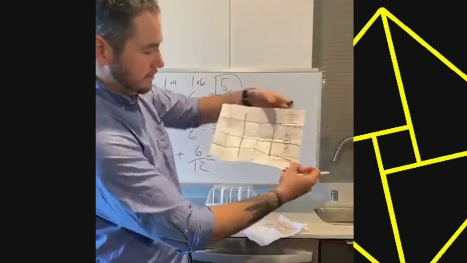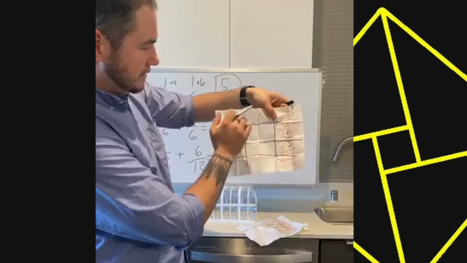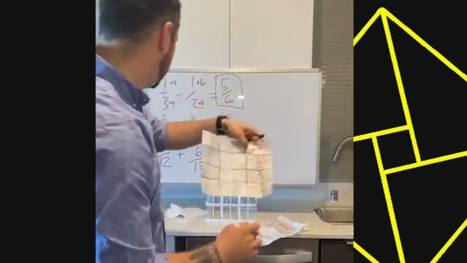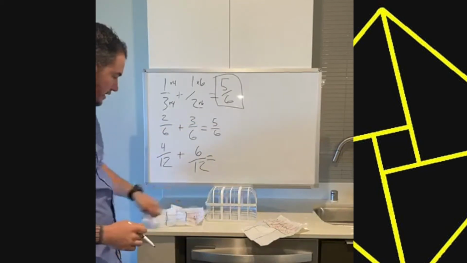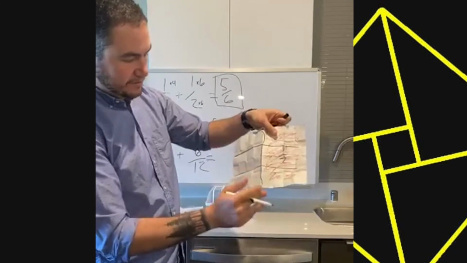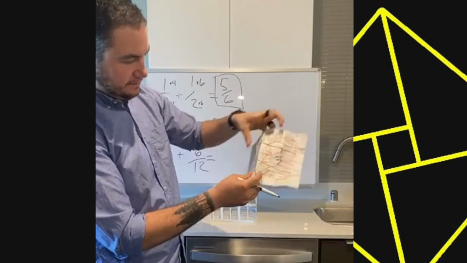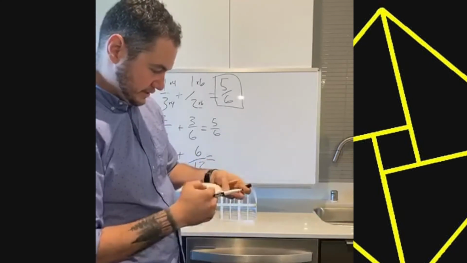Alright, so now I have 12 equal parts. 1, 2, 3, 4, 5, 6, 7, 8, 9, 10, 11, 12. So it's 4 out of 12, which is what that says. 4 out of 12. So far so good. Now 6/12. How do I turn this guy into 12 pieces? Well, that's easy enough. I fold it up so that it's just 1/6 showing.